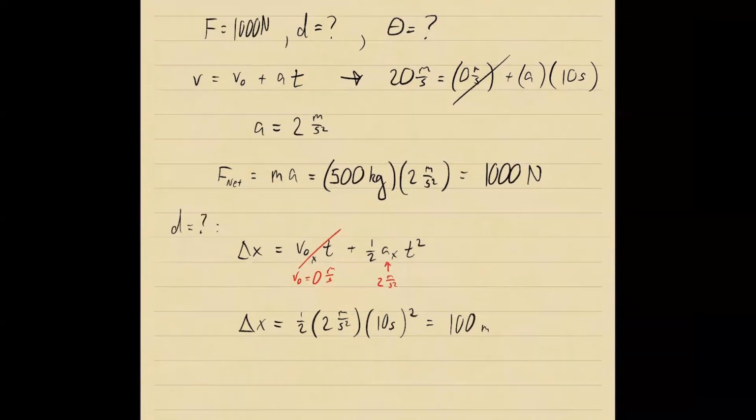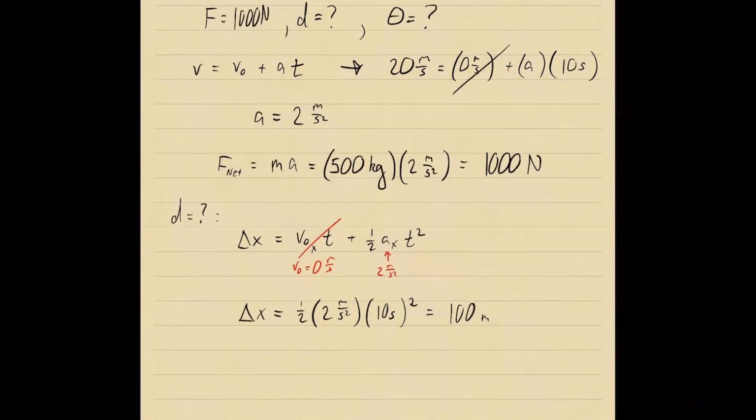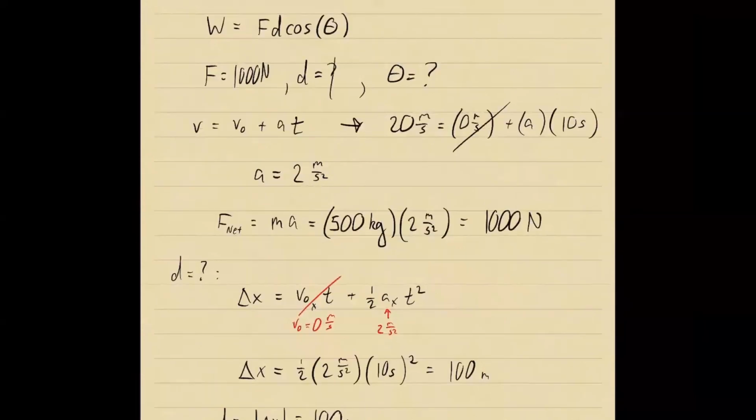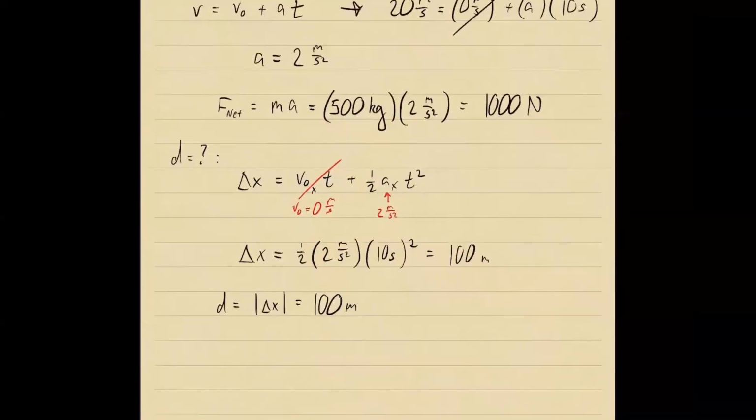The magnitude d in this case is just the magnitude of our displacement, so it's just 100 meters. So now we found d. What about the angle?